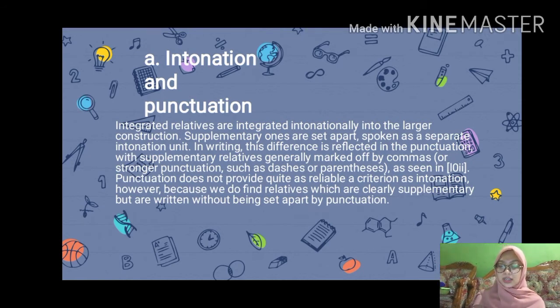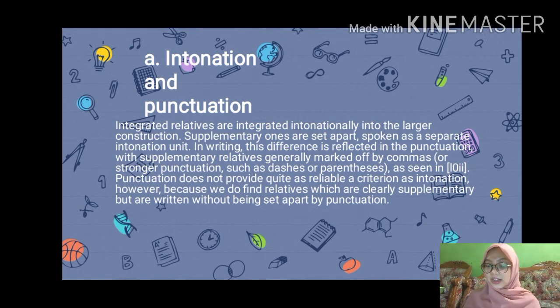Intonation and punctuation. Integrated relatives are integrated intonationally into the larger construction. Supplementary ones are set apart, spoken as a separate intonation unit. In writing, this difference is reflected in the punctuation, with supplementary relatives generally marked off by commas, or stronger punctuation such as dashes or parentheses, as seen in example 2.